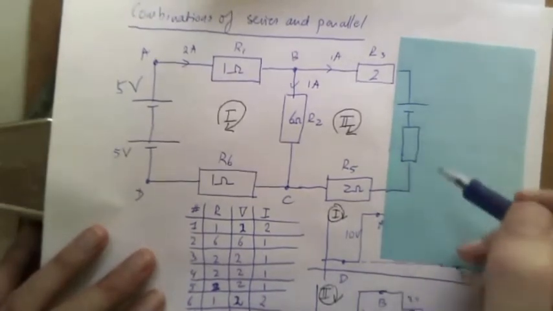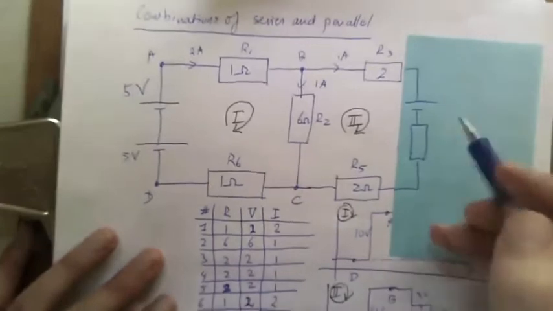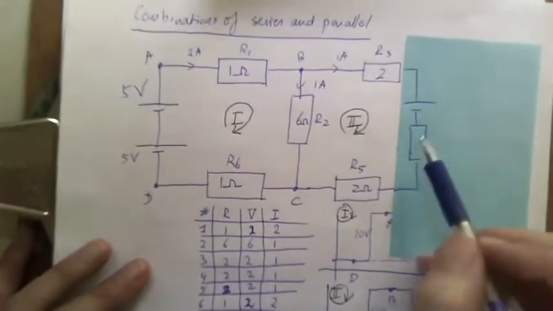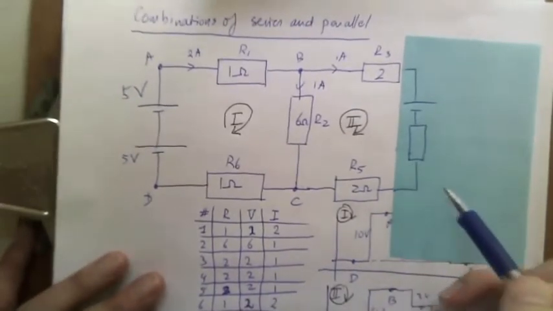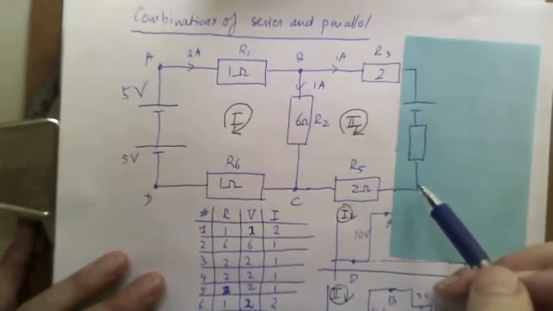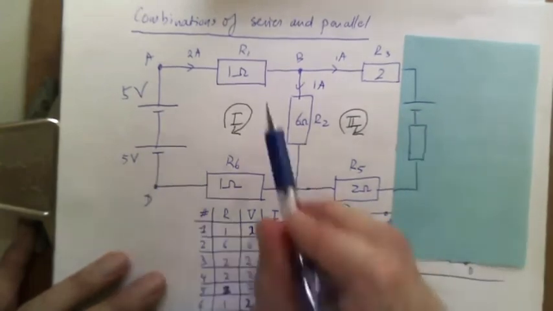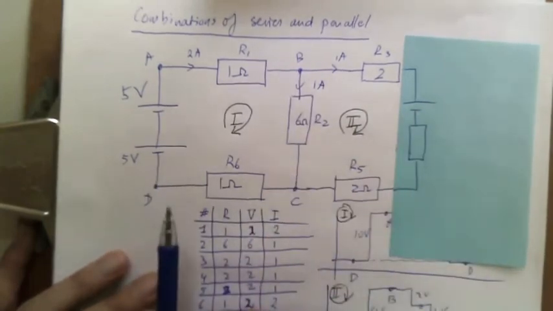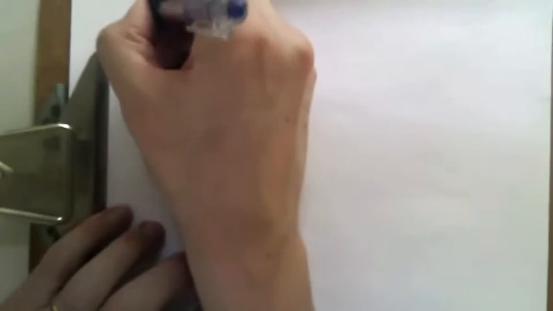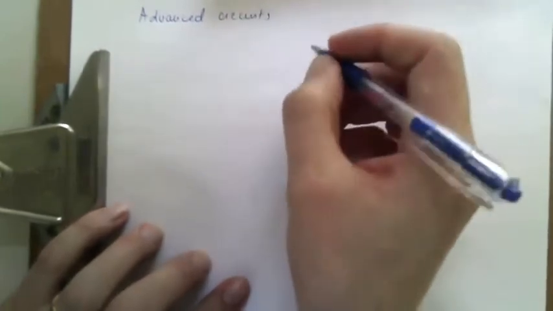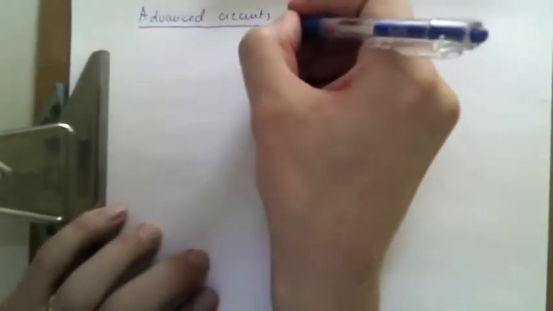So let me explain to you how that works. I'm going to start with the most basic version of a circuit that you cannot decompose into parallel and series configurations. So that would be two power supplies, some resistors, and a resistor in the middle. All right, so let's call this advanced circuits, even though I like calling it advanced circuits because it makes it feel super advanced, but it's probably a misnomer.